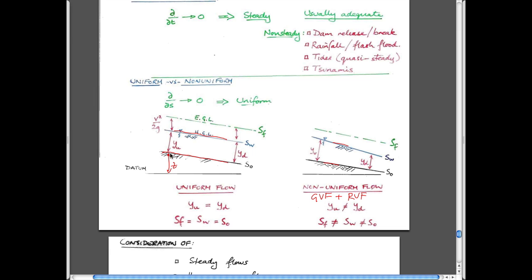Actually, the total elevation here would be this. The pressure would be zero because it's on the surface of the water, and it's moving at some velocity. So this would be the hydraulic grade line.